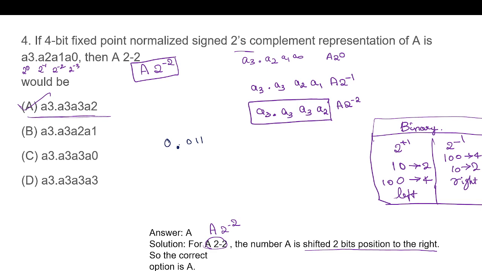If this is the value, then if this is 2 to the power 0, then 2 to the power minus 1 will be 1 0 0 0. 2 to the power minus 2 will be 0. So this will be shifted here, this will be shifted here, and this will be the sign extension.